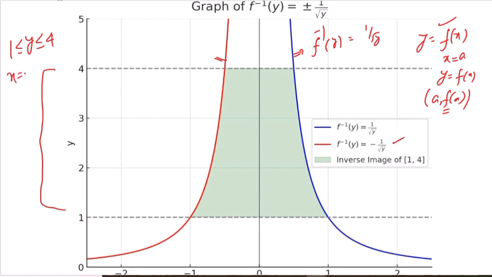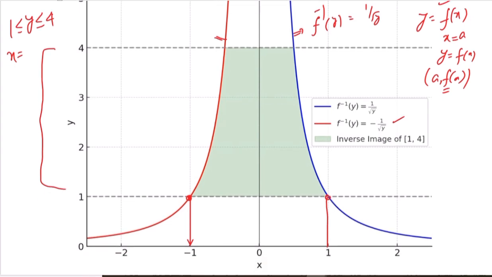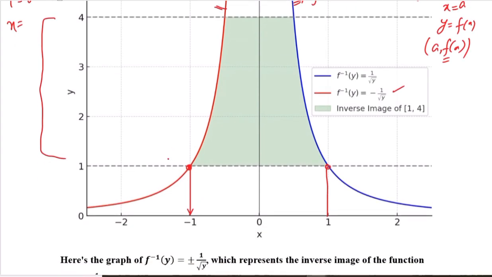When your y is 1, your x below is minus 1, and similarly for this y we have again x is equal to 1. So for a single value of y there are two values of x, minus 1 comma 1 and 1 comma 1.